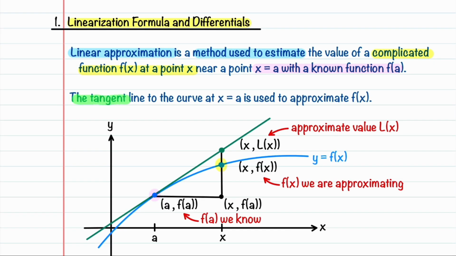The tangent line to the curve at x equals a, that I've drawn down here in green, is used to approximate f of x. This is the value that is used for that approximation. F of a is the y value that we know. F of x is the y value that we are approximating. And then L of x is the approximation.